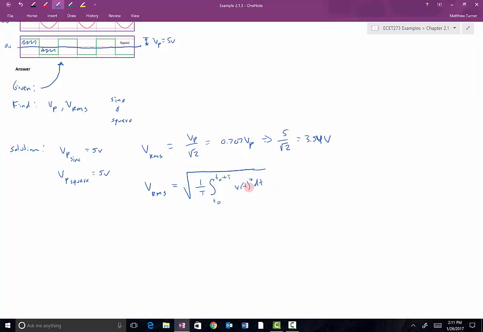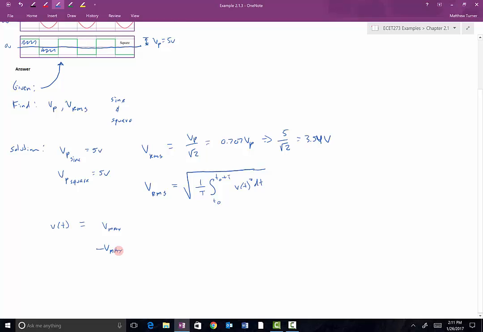So we need to figure out what this v of t function is for this square wave. V of t is a piecewise function. One formula defines the voltage from 0 to T over 2, and another defines the voltage from T over 2 to T. So v of t is equal to V max or negative V max.